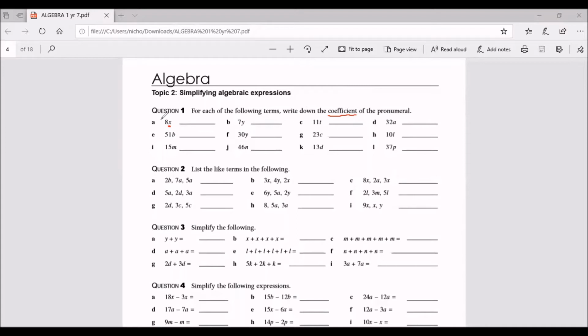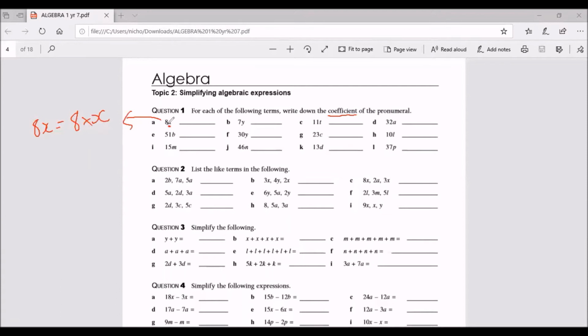And what I mean by that is, if I write this another way, then 8x is the same as writing 8 times x. So here, if I don't have a symbol between a letter and a number, then I assume it's a times. So if I don't have a symbol between my coefficient and my pronumeral, it means it's times.